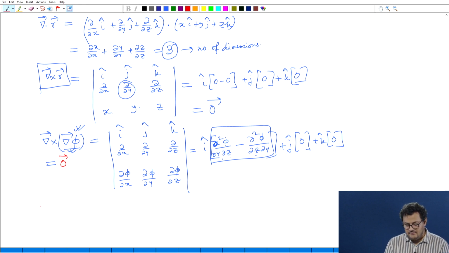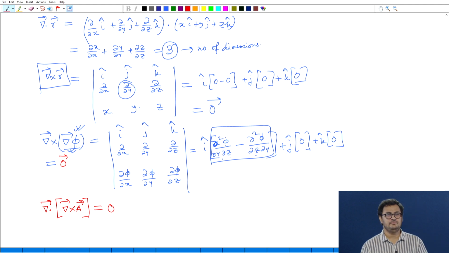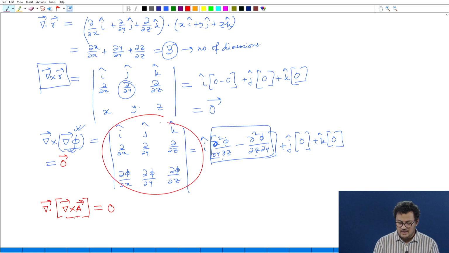If you now calculate at home and check, the divergence of the curl of any arbitrary vector will also come out to be 0. For that you just have to use the definitions of divergence and curl properly. The curl of A you can calculate by this, and then you have some vector, and then you perform this divergence, and you will see that this will give you a 0 scalar.